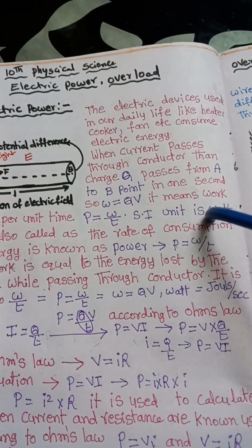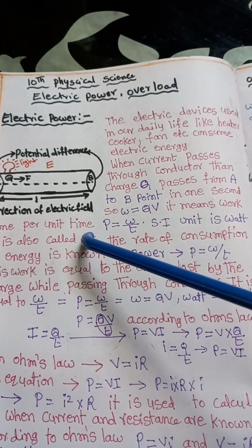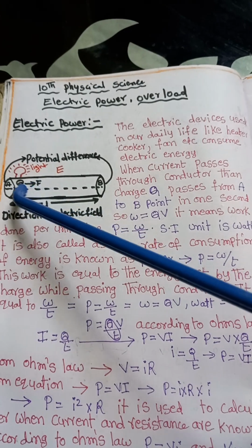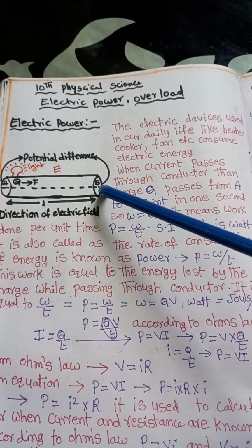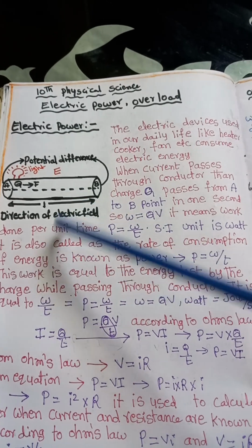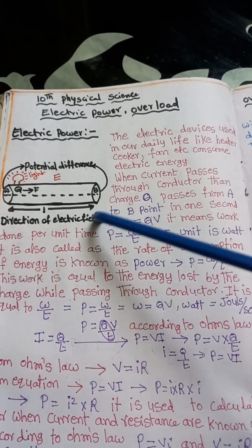It means work done per unit time. In 1 second, the charge moves from A to B point. So here the work is done in 1 second. P means power.